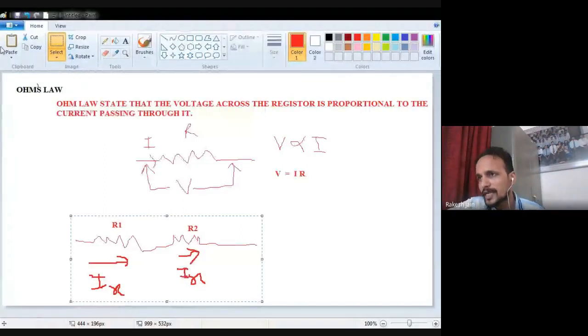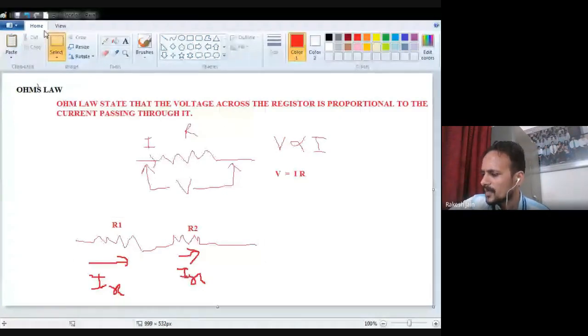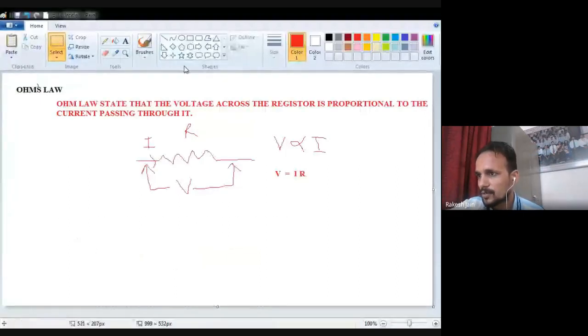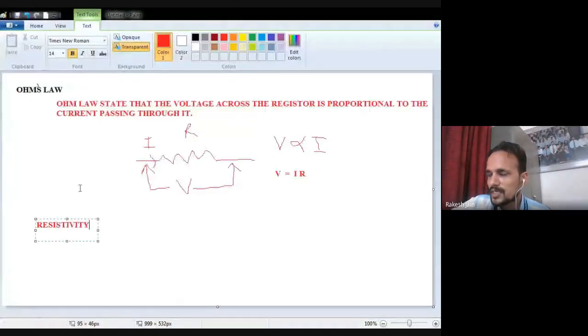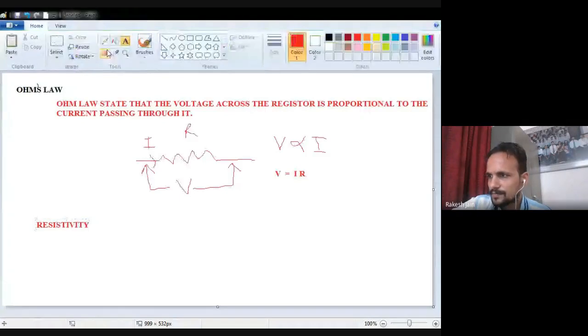Now the second thing I want to teach you is resistivity. What is the meaning of resistivity? The value of a resistor is known as resistance.